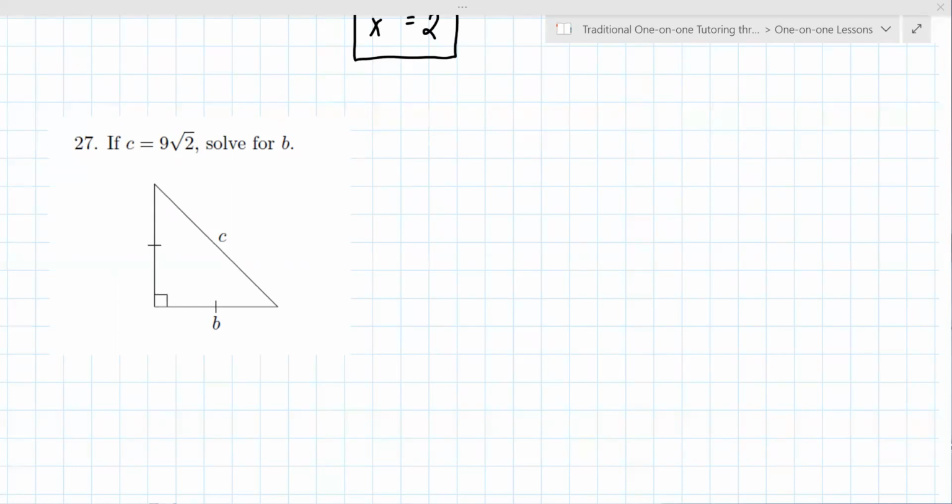Is b 9? Yes, b is 9. What is the value of a? 9 as well.